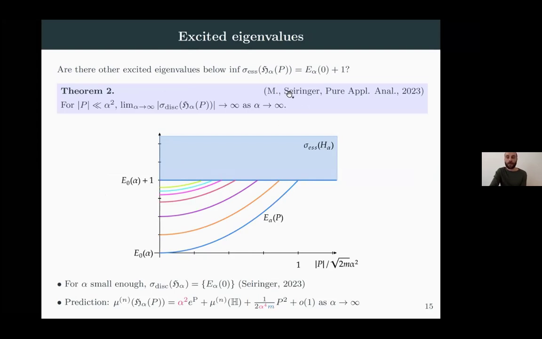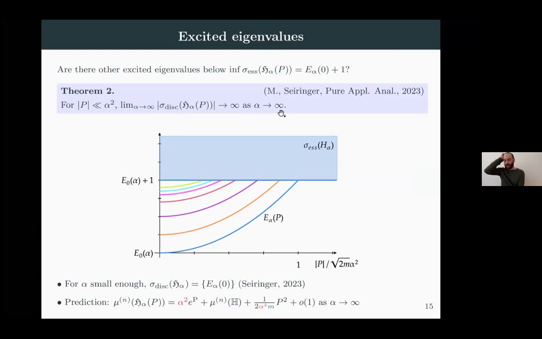So this is from a paper together with Robert, and there we show that when we restrict the momentum p away from this region here, then the number of eigenvalues in the discrete spectrum is unbounded in the limit of large alpha.